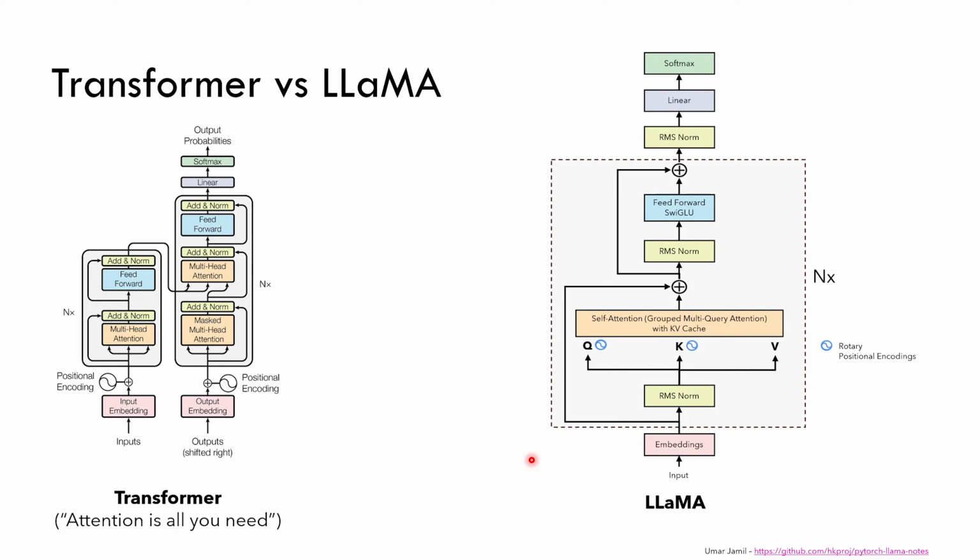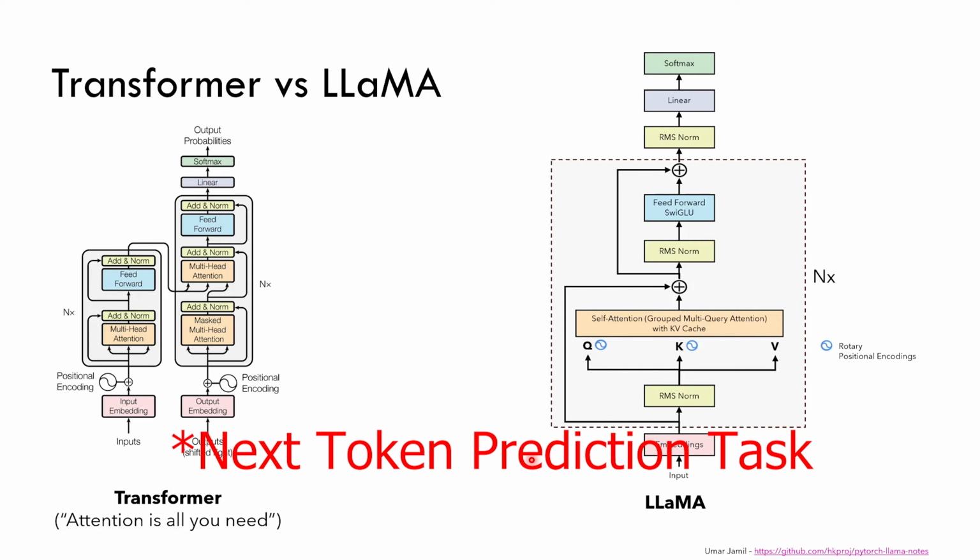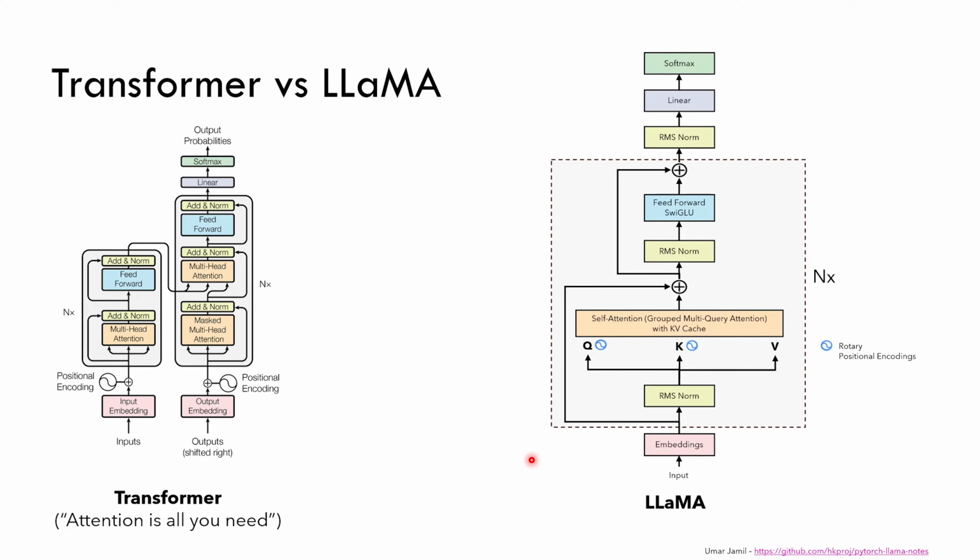We will see all these concepts: what the next token prediction task is, how it works, and how this new self-attention works. The second difference we can see from these pictures is that at the beginning we have the embedding, and we also had the embedding in the original transformer. But right after the embedding, we don't have the positional encoding, but we have this RMS norm. And actually, all the norms have been moved before the blocks.